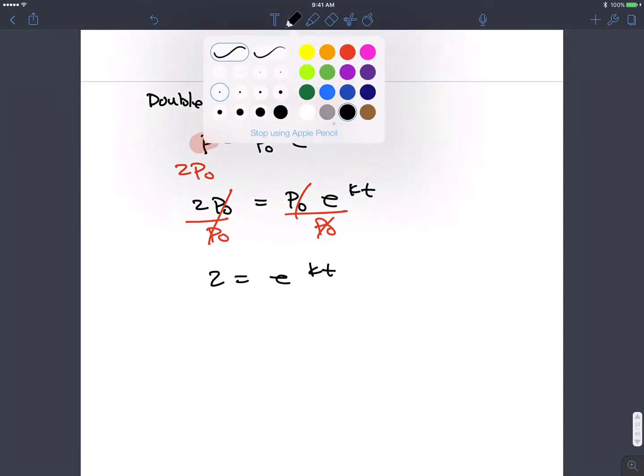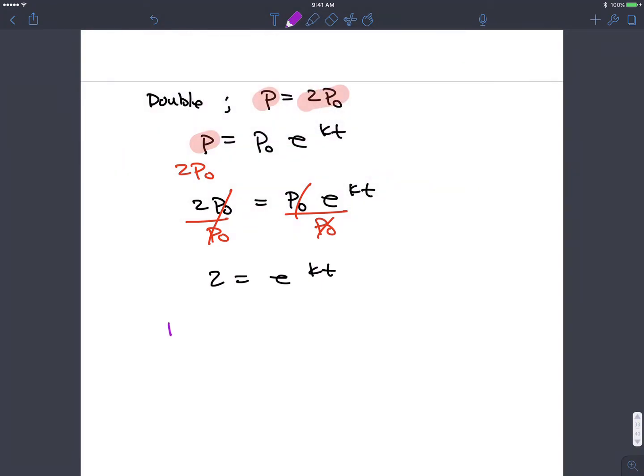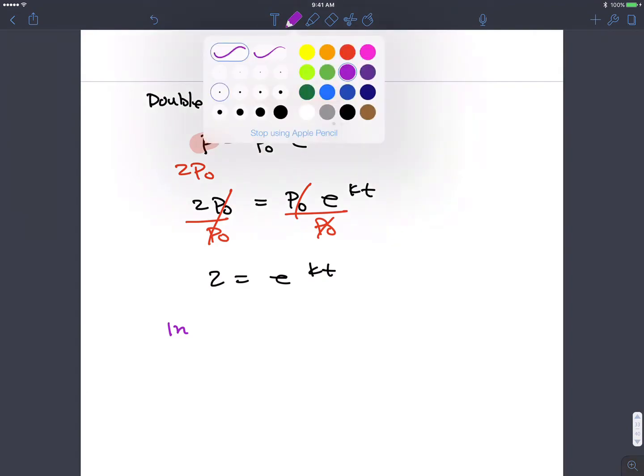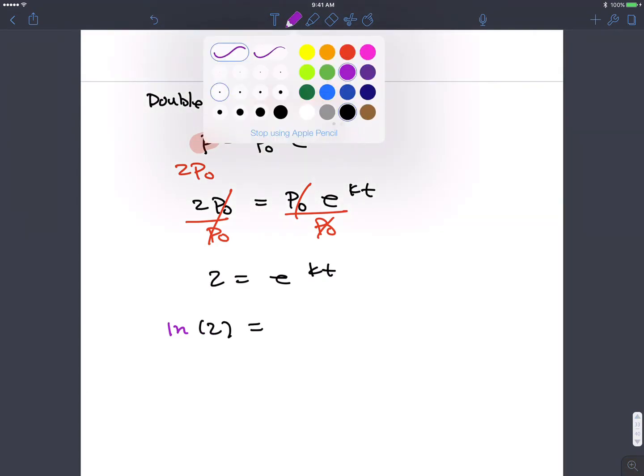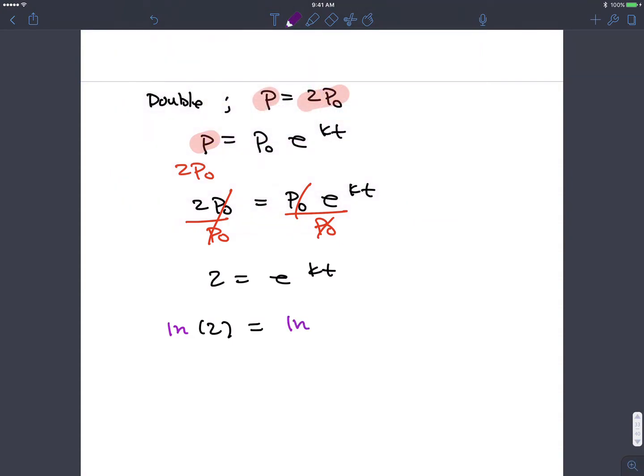And when we take now the natural log of both sides, it's a bit messy, so we'll do it this way. Natural log of 2 is natural log of e to the kt.